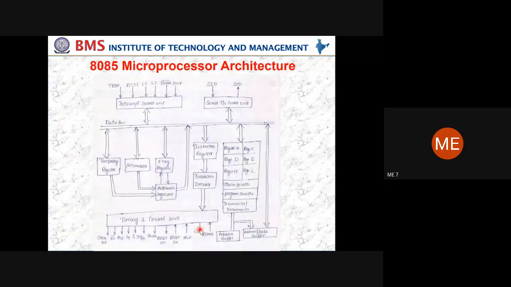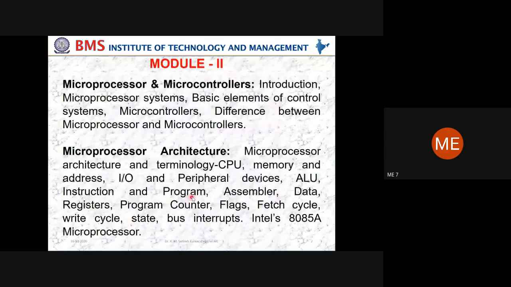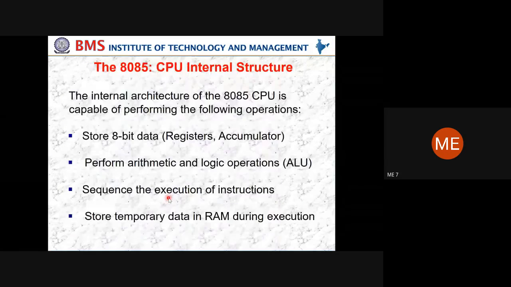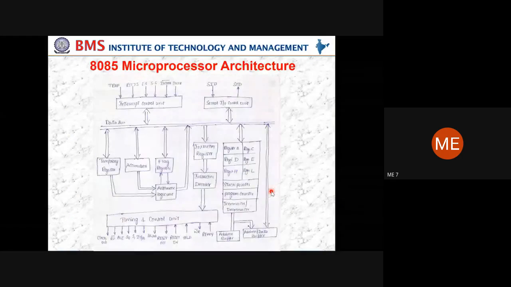If you remember, the timing and control unit is used for sequencing the execution of instructions. As it is used for that, it has to be activated. In order to make it active, the instruction decoder will fetch the instruction from the instruction register.